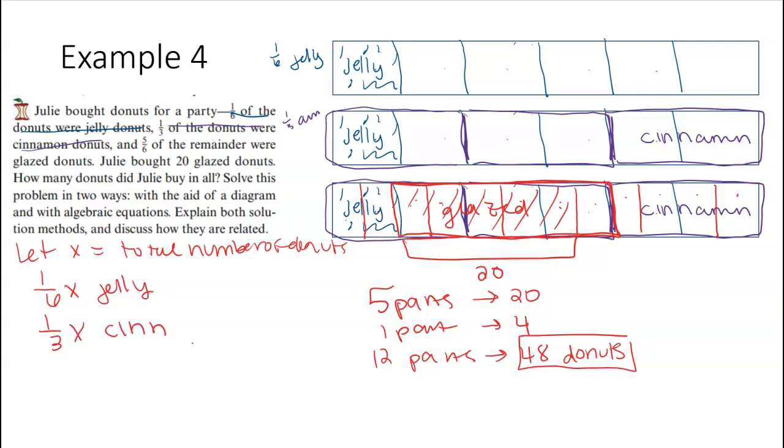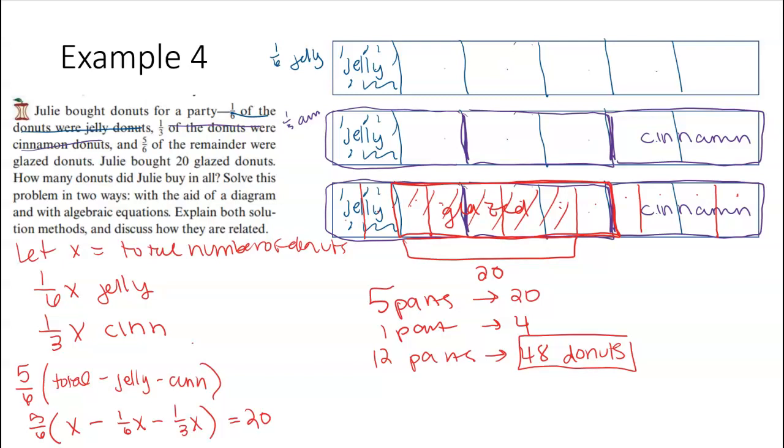And we know 5/6 of the remainder. Okay, so remember, let's think about this for a second. 5/6 of the remainder. Well, that would be 5/6 of the total minus the jelly and minus the cinnamon. So let's use expressions for that. 5/6 of the total, that's X, minus the jelly minus the cinnamon. And we know that this amount, 5/6 of the rest, those are the glazed, we know that that's 20.